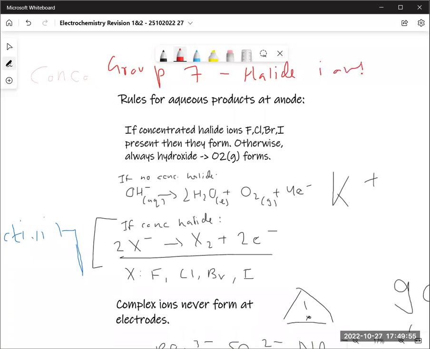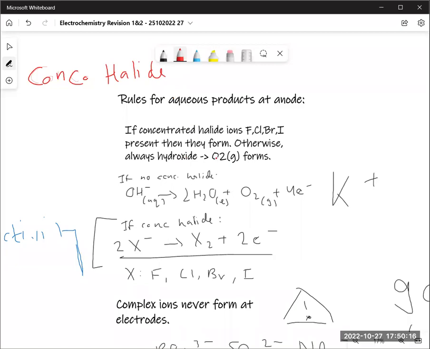If I have these ions, concentrated group 7 ions, then they will form. If these are there, they're going to form. But if they're not there, then always hydroxide will form to give us oxygen. Is that clear? Yes, it's clear, but to form what?